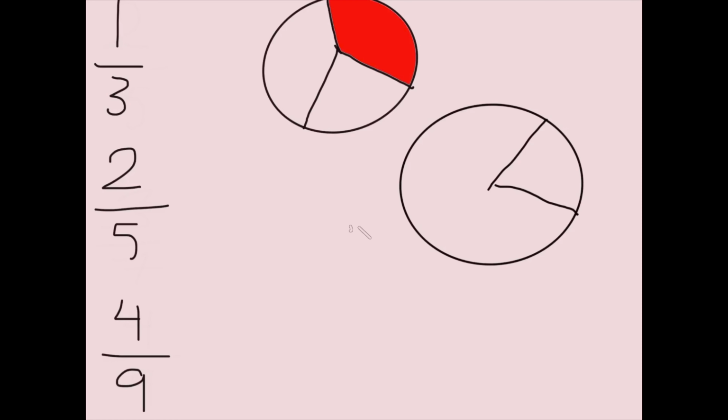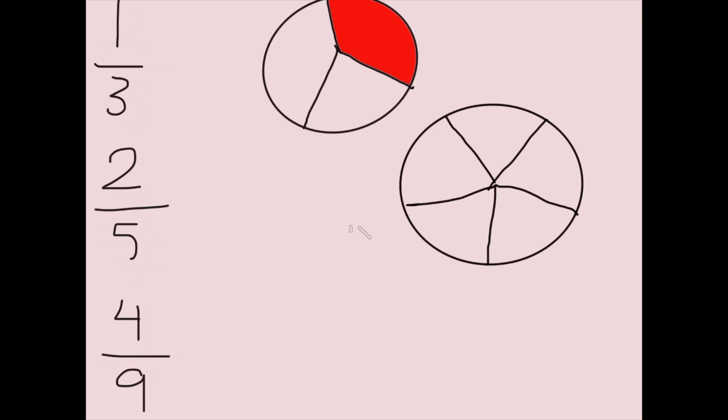The next fraction is 2/5. Denominator is 5, numerator is 2. Since the denominator is 5, which is located below the line, the circle we draw is supposed to be divided in 5 equal parts. When we divide the circle in 5 equal parts, we're going to take a look at the numerator.